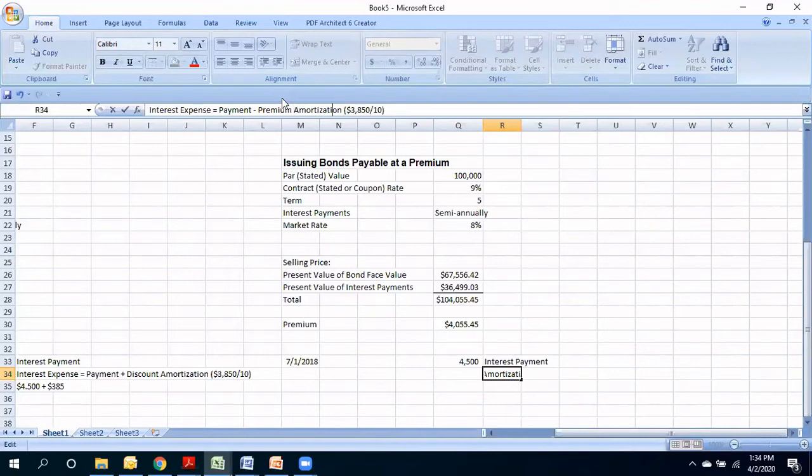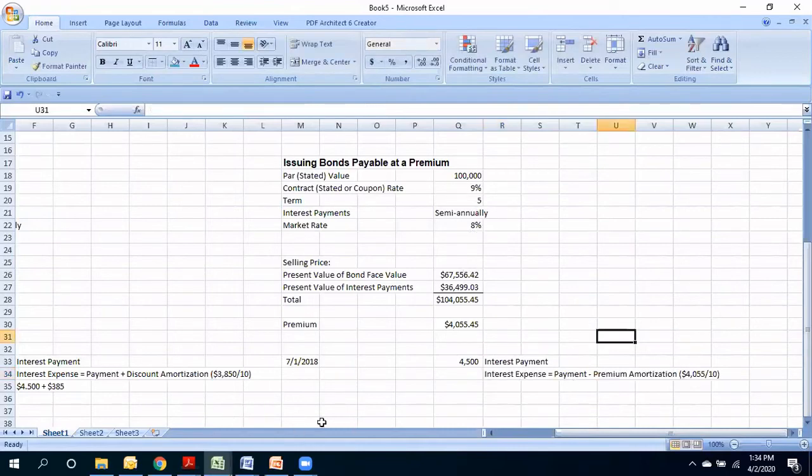And I'm going to keep it simple. I'm not going to deal with the pennies. I'm just going to say $4,055, and we're going to amortize that over 10 years.